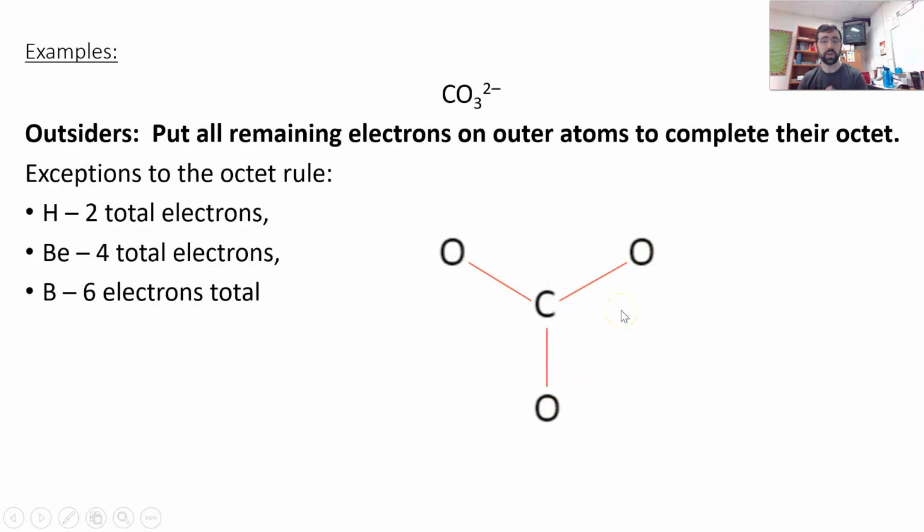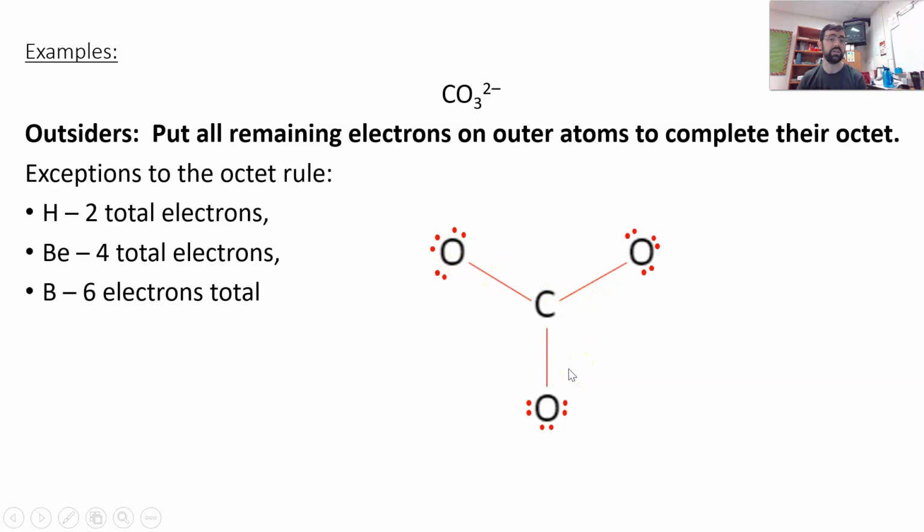We're going to continue to add electrons until we get each of those to 8. Outsiders first. So I had 2, 4, 6, 8, 10, 12, 14, 16, 18, 20, 22, 24. Okay, that was all of them.